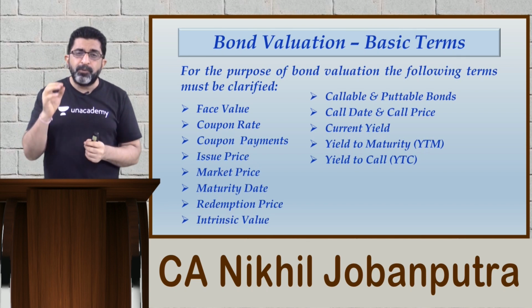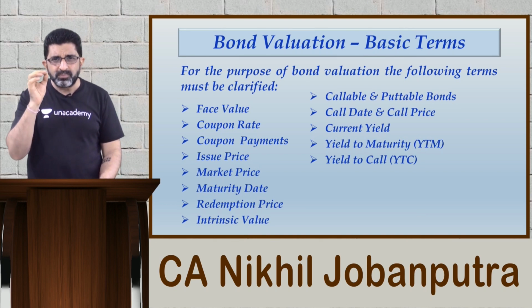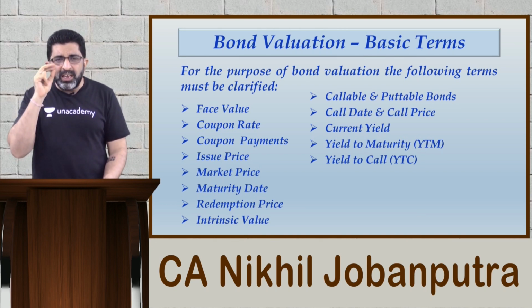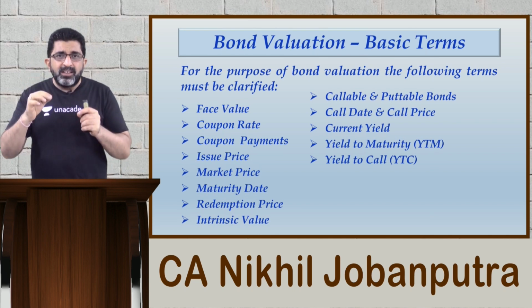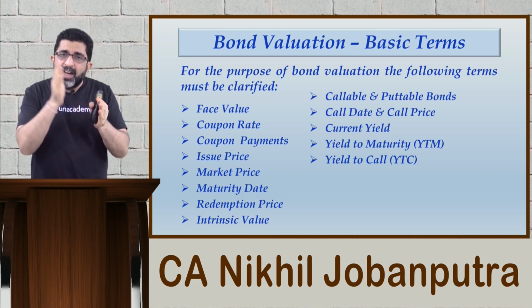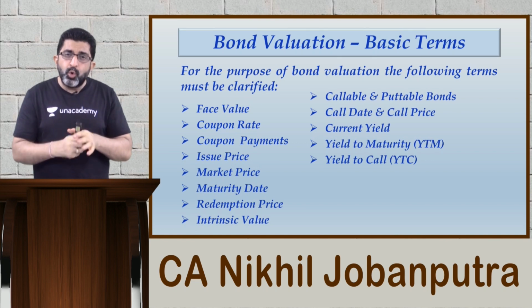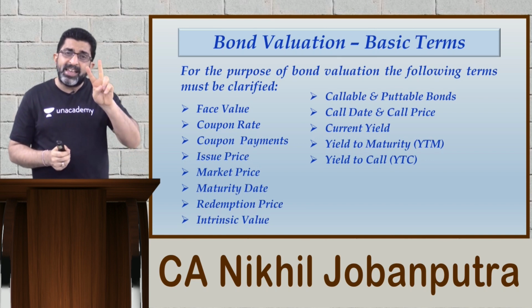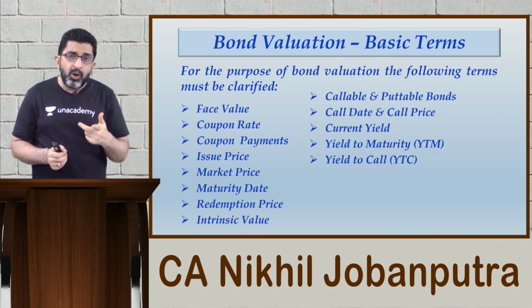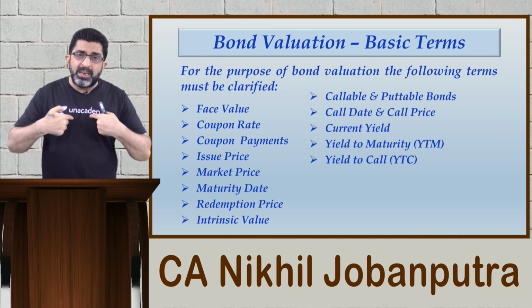So if you are getting this clarity, in case of any callable bond issue, there will be a call date, and therefore from the investor's viewpoint, it makes sense to compute yield to maturity as well as yield to call. Why? Because at the call date, it will be the issuing company's choice.